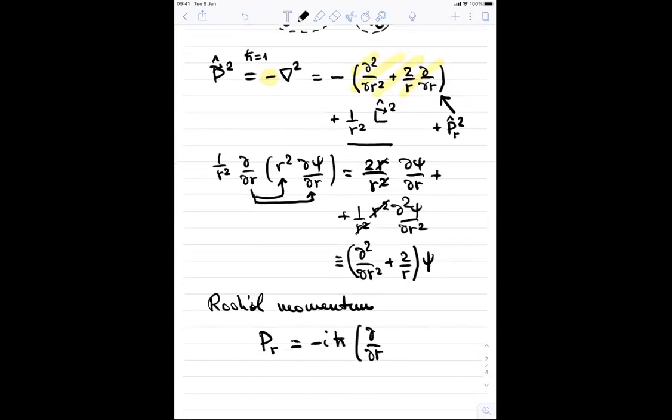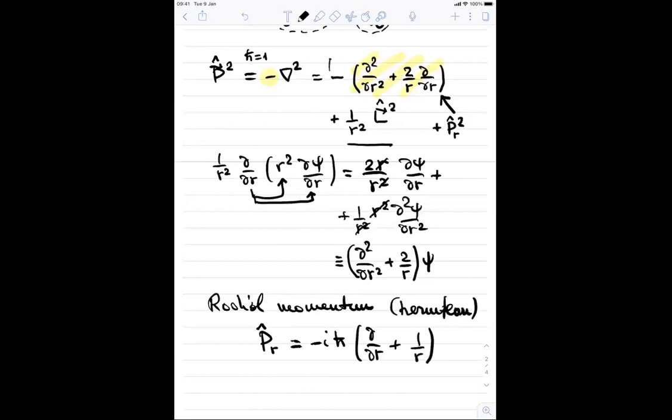So what you need to write for an Hermitian radial momentum is a strange thing, which is this. This is the correct Hermitian radial momentum. And if you do a little bit of algebra, you will realize that this object is P_r square, including the sign, obviously.